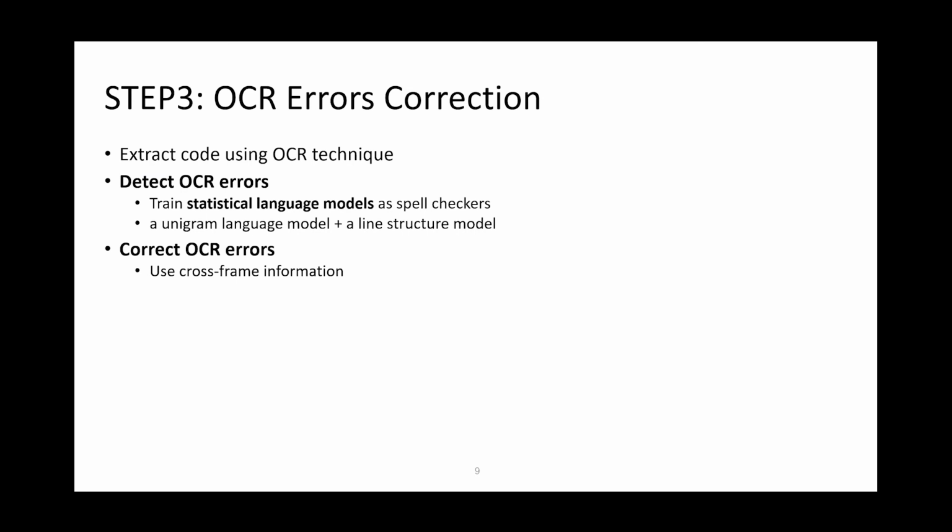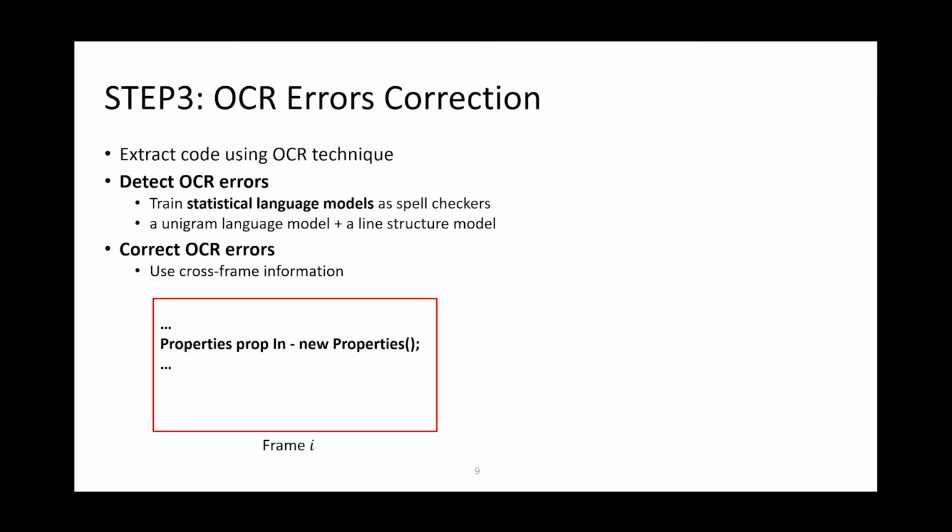To correct the detected errors, we leverage cross-frame information, that is, a wrongly recognized code line in one frame might be correctly recognized in another frame. For example, in frame I, a code line is wrongly recognized into properties prop in minus new properties, whose line structure is.